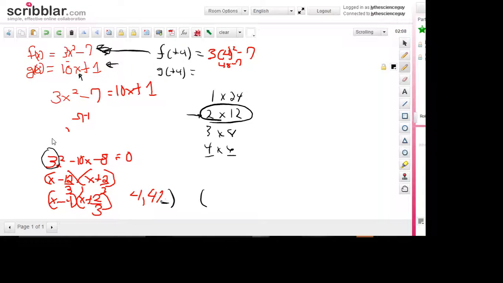What do you get? 40 plus 1, 41. Is that easier to do than the thing that you just did? Yeah, it's a lot faster. You see how they still each give the same number? That's the whole point. So always choose the equation that's easier to work with.